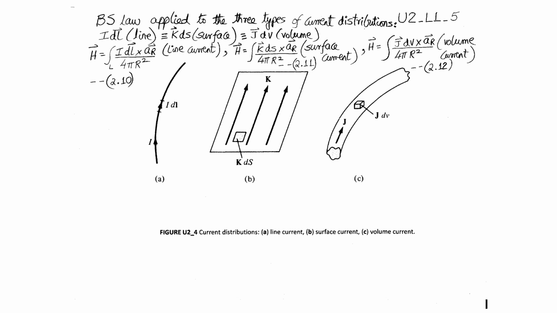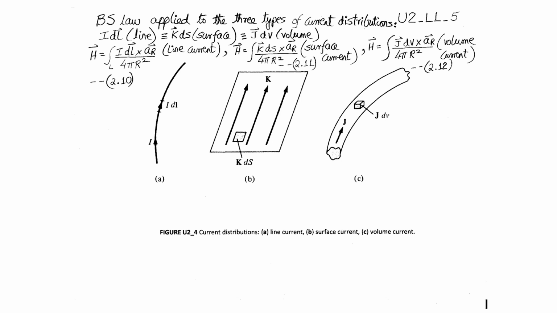Next, we have a surface current which is shown in figure U2_4b. Now the surface current is represented by K vector into dS.